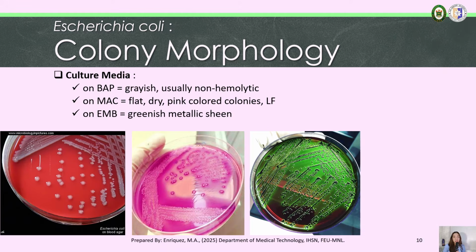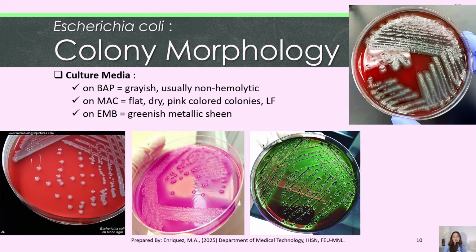Because again, this colony morphology is unique for E. coli. Meron pa pong just a side info, no? Meron pa pong isa pang non-fermenting gram-negative bacilli that has also been described to produce a metallic sheen. Pero ito po ay sa BAP naman natin ma-observe. And that is Pseudomonas aeruginosa, as shown here in this pop-up picture at the top right.